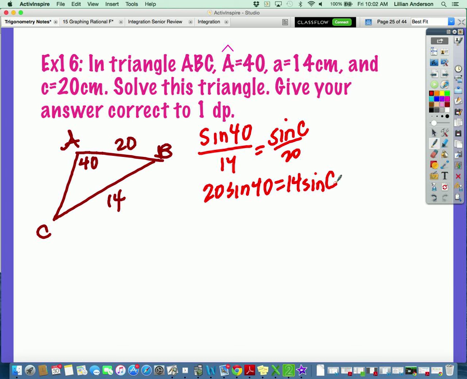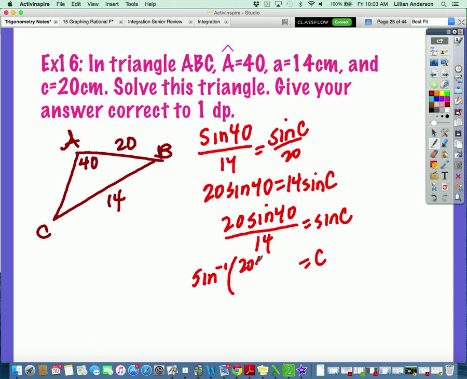But before I take the inverse sine, I have to divide by 14. I plug sine 40 and divide by 14 in, and I do all my stuff; I don't write it out like that. 66.7. And then other stuff, because ambiguous. So 66.7. That's the first thing.